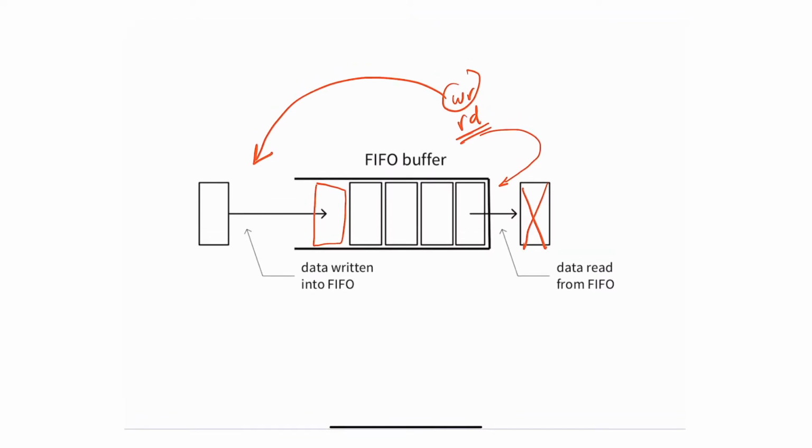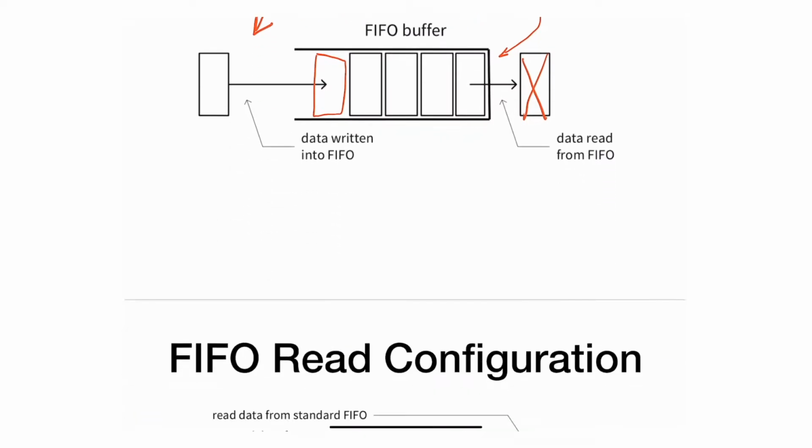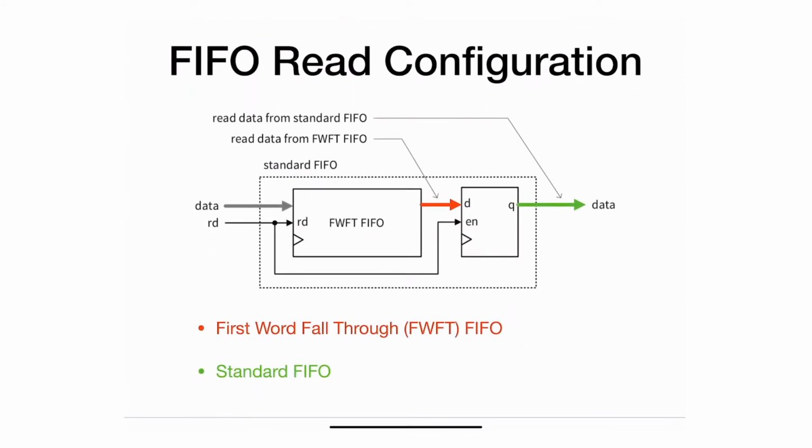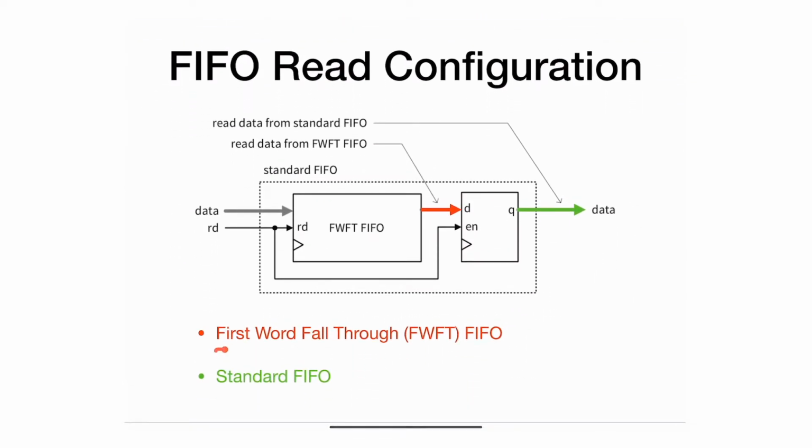I mentioned briefly that we have a couple of ways to read out of a FIFO buffer. These are called first word fall through, or a standard FIFO buffer. Let's briefly mention what these two ways do. We start with the first word fall through, which is this one in here.